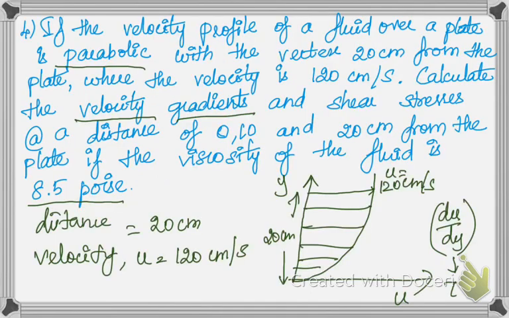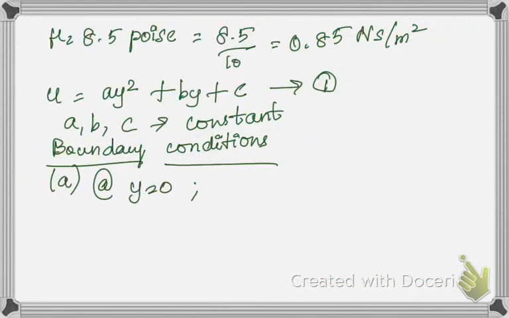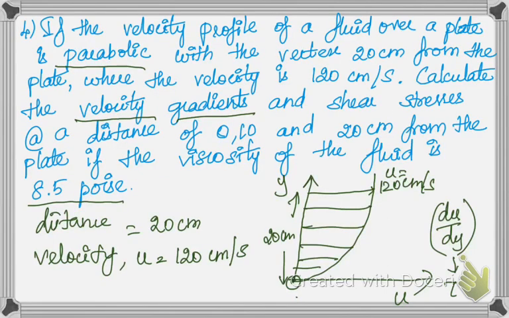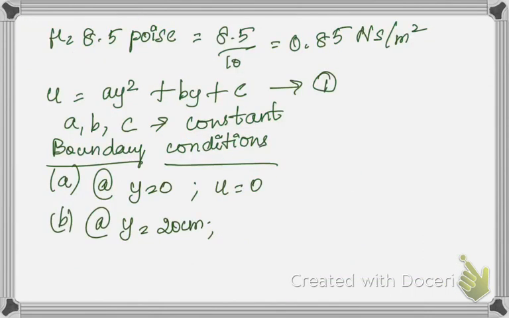Go back to the diagram. So this is at y is equal to 0 at this point. At this point, what is my u value? u is also 0. At y is equal to 0, u is also 0. Next, at y is equal to 20 centimeter, which means here, what is my u? It is 120 centimeter per second. u is equal to 120 centimeter per second.